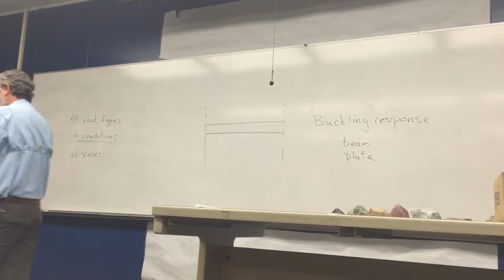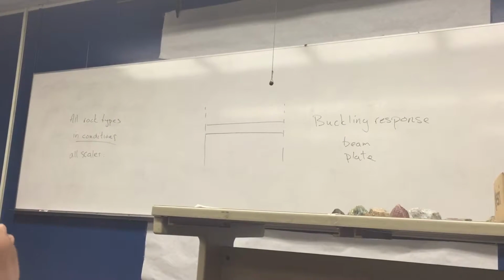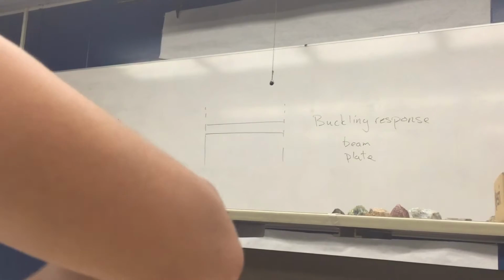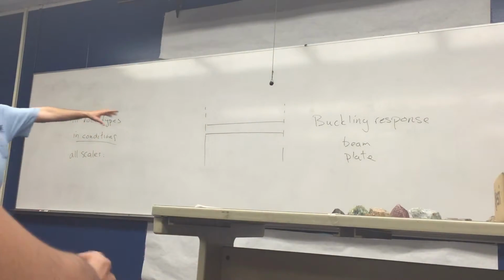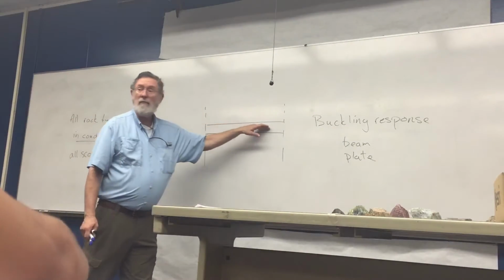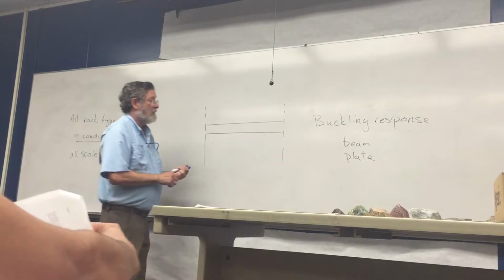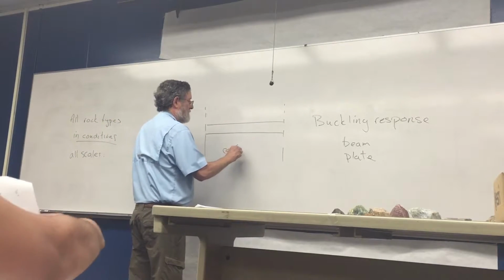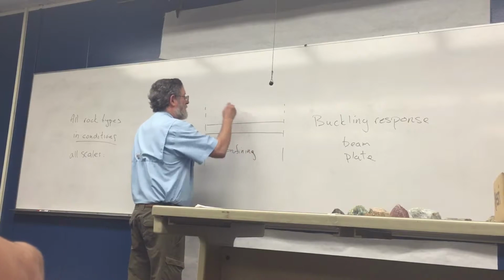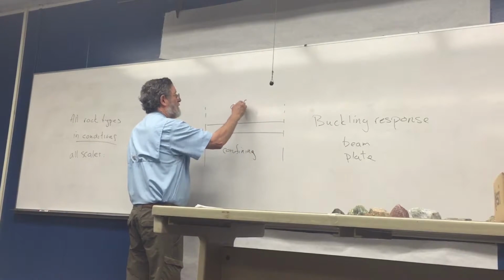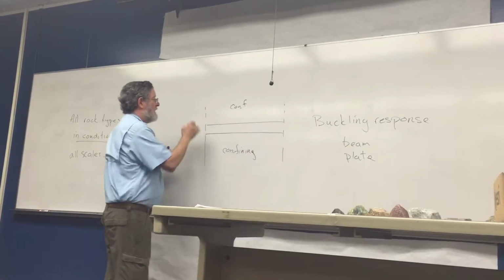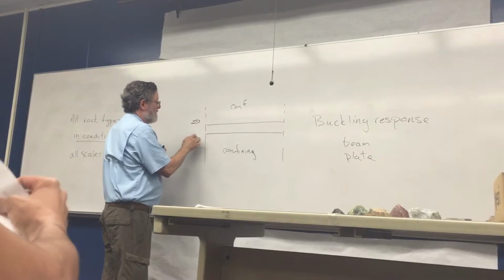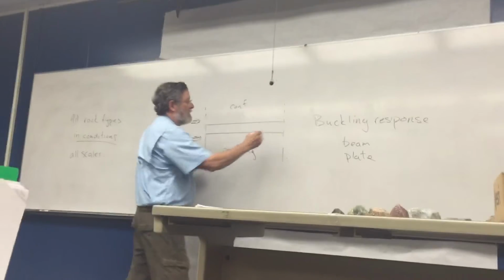And so if we put the most simple thought up here, I have drawn a simple beam. We have some sort of a confining medium above and below our beam, and what we're going to do is we're going to shorten.